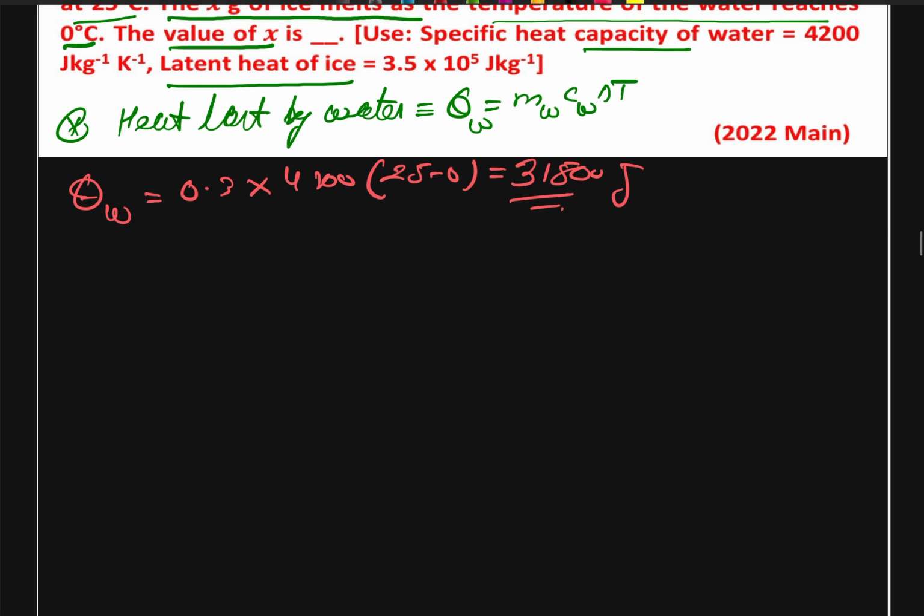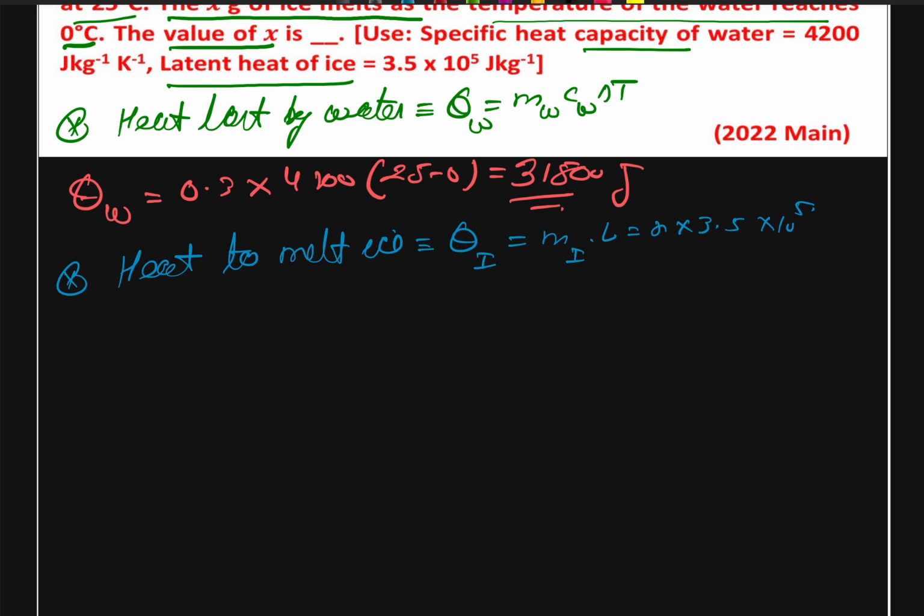And heat gained by the ice, or we can say heat to melt ice, let us call this Q ice, will be equal to the mass of the ice that is melted, m of ice, times its latent heat. So that is x times 3.5 into 10 to the power 5.